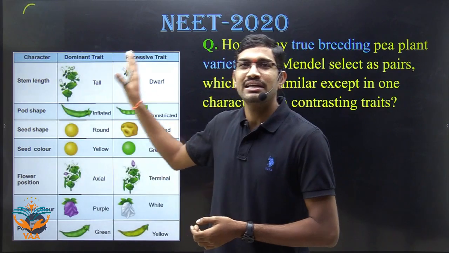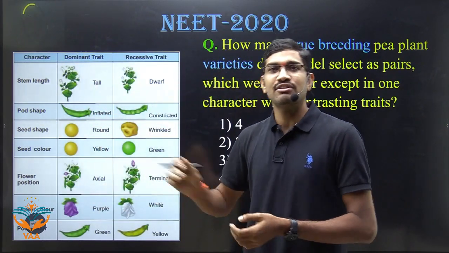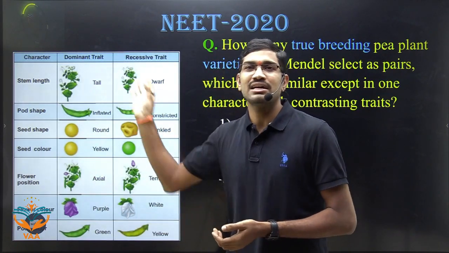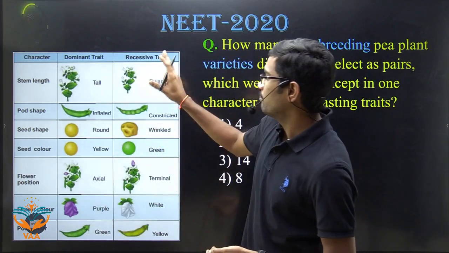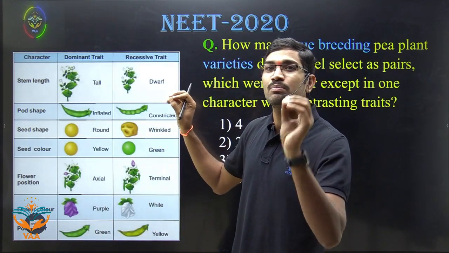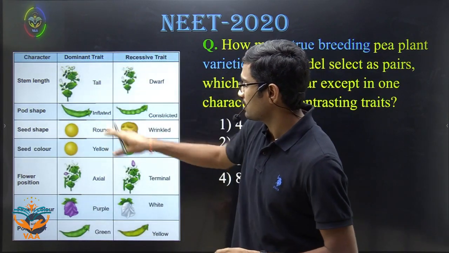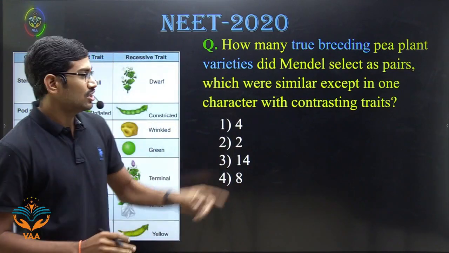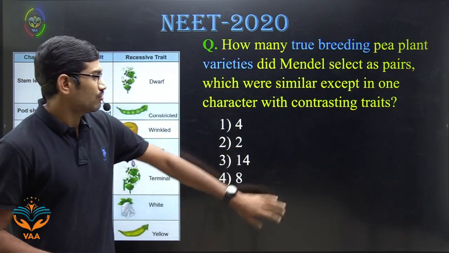One is the dominant trait, another is the recessive trait. So 7 into 2, a total of 14 different varieties or 14 different traits. And very important, Mendel obtained a pure breeding plant for each trait. That's why he got 14 different pea plant varieties. So the answer is option 3, that is 14.